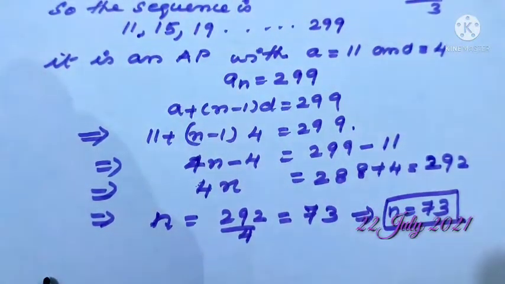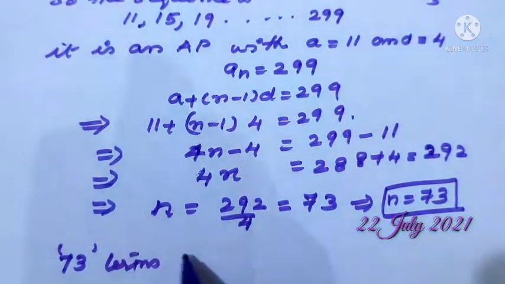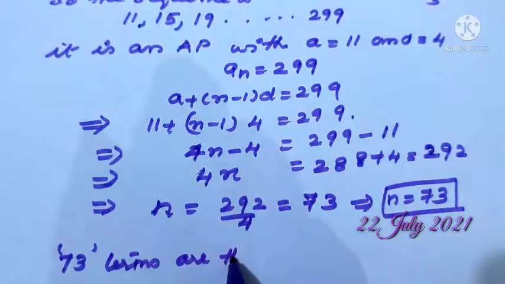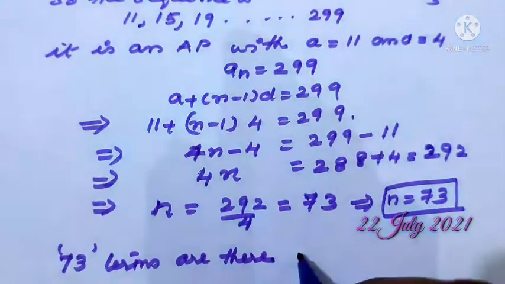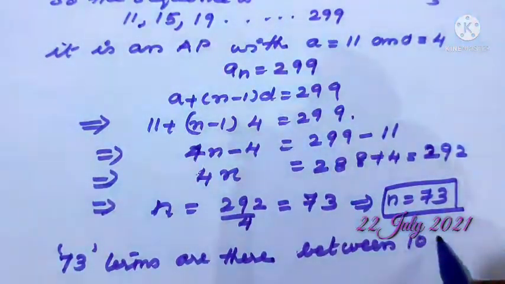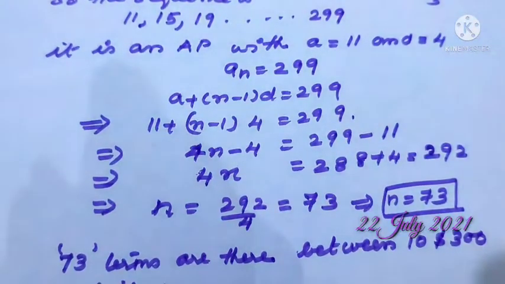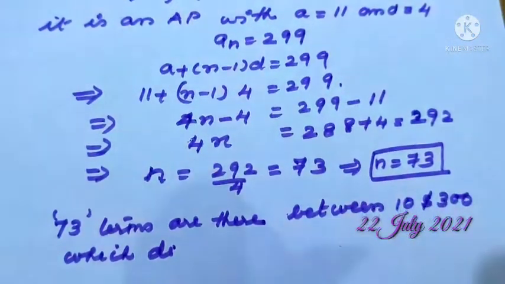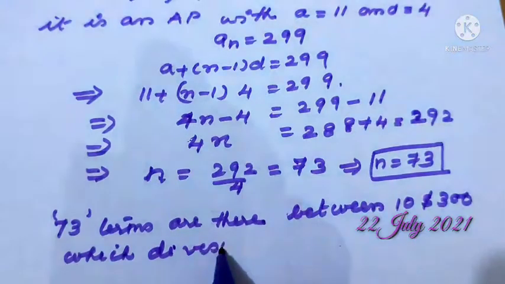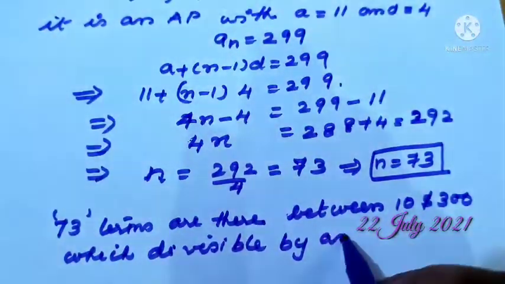There are 73 terms between 10 and 300 which are divisible by 4 and leave a remainder 3.